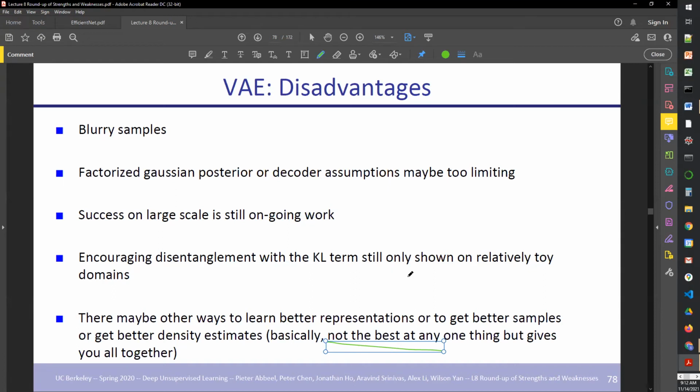So the big advantage is you can get all of the above. You can get the likelihoods, you can get the disentanglement possibility, you can get good quality, but not the best at any single one of those four things. It does all four things reasonably well within the same framework.